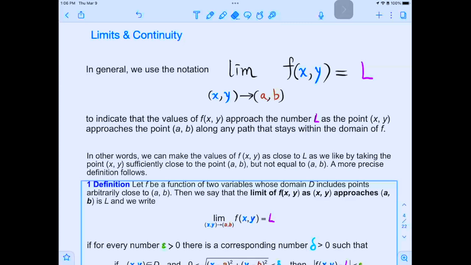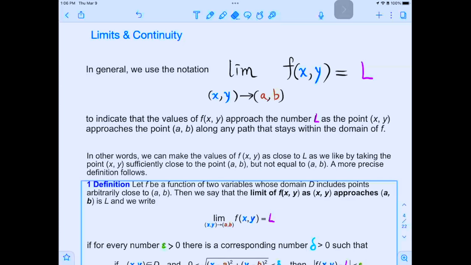Remember, in the past we just had the limit of f(x) as x approaches a, equal to L, right? But now we have a function of two variables. We just need to add, instead of x, here it is (x, y), and then (x, y) approaching (a, b). Okay? So approaching this.